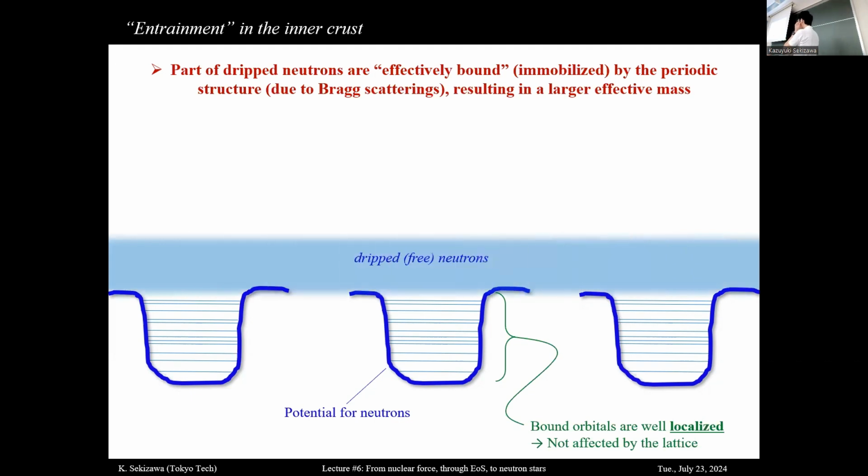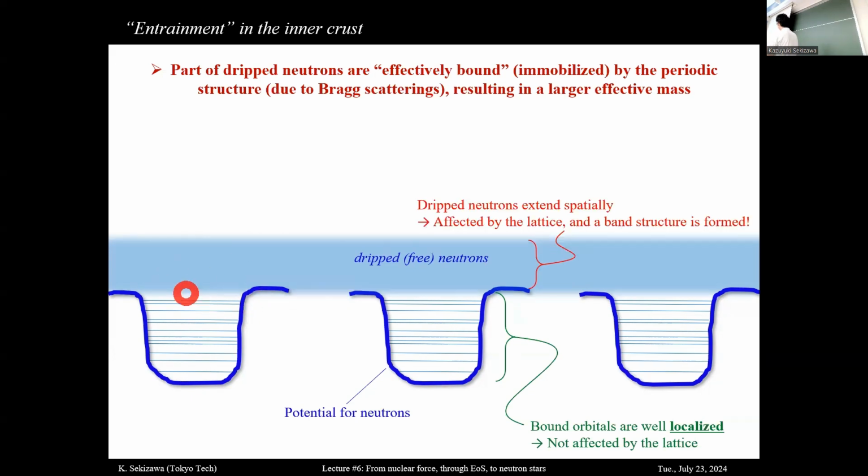But in addition to this, we have drift neutrons inside the inner crust. Those drift neutrons are not trapped by this potential. So those are kind of free neutrons. But because of the formation of a periodic potential, we have to use the band theory to correctly describe the system of neutrons inside the periodic potential.